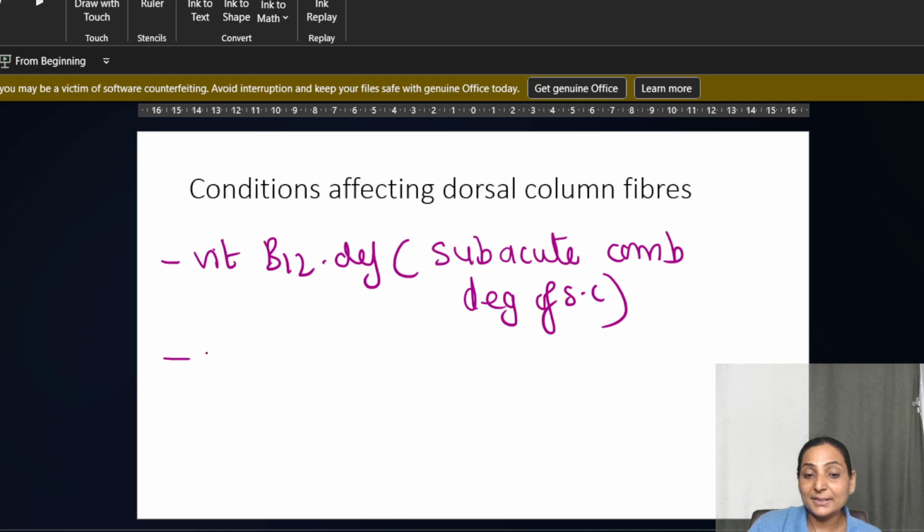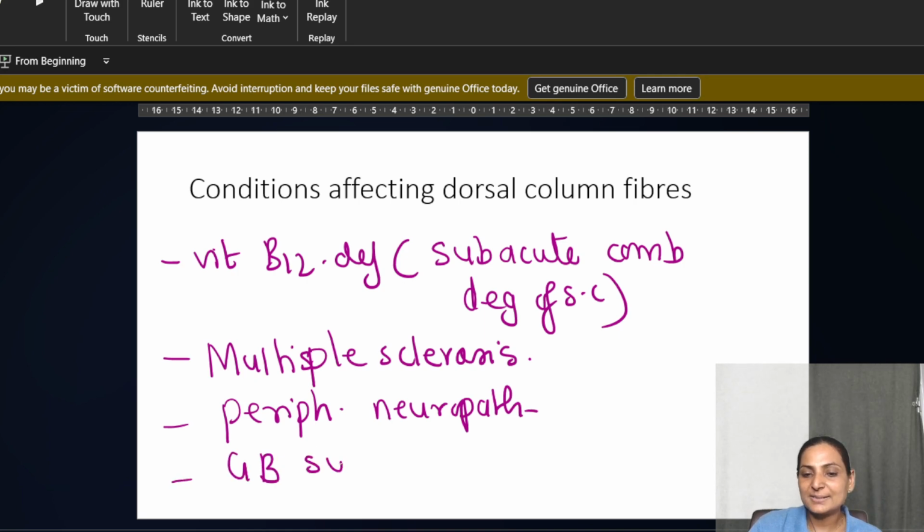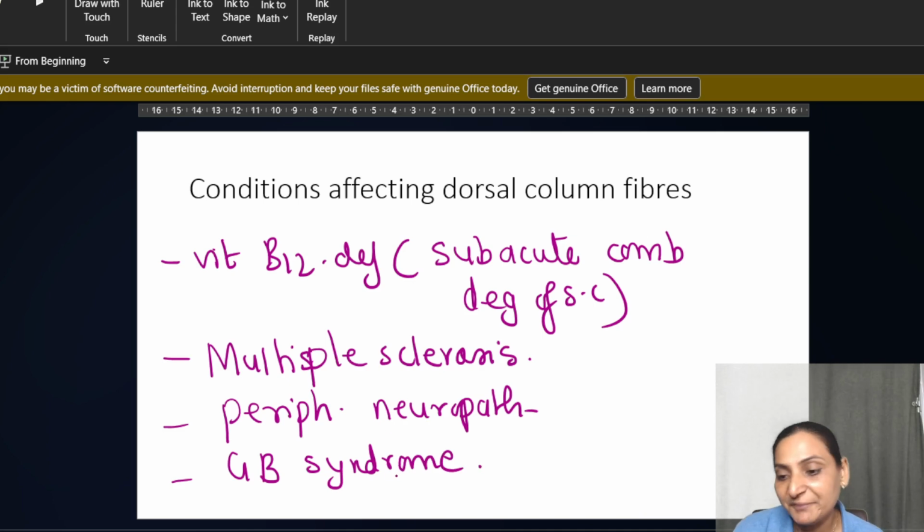It can be affected by multiple sclerosis, which is a very severe demyelinating disease. It can be affected by peripheral neuropathy. It can also be affected by GB syndrome, Guillain-Barré syndrome, which is also a kind of demyelinating disease of the periphery. Multiple sclerosis is of the center, and this one is of the periphery, right?